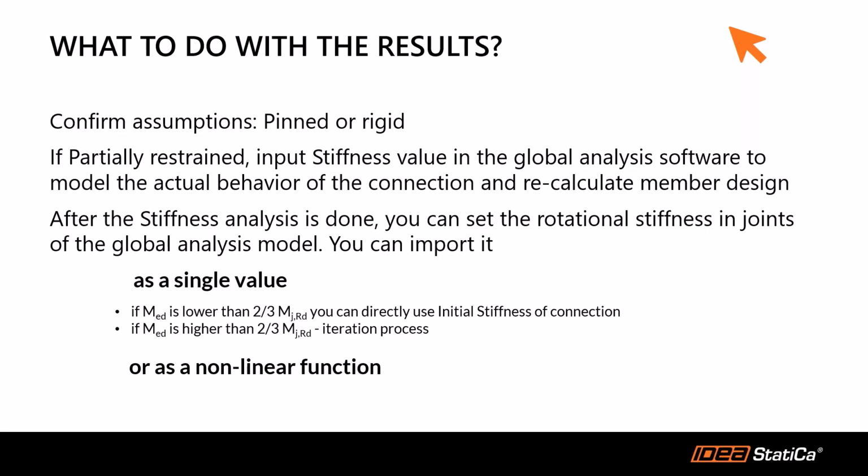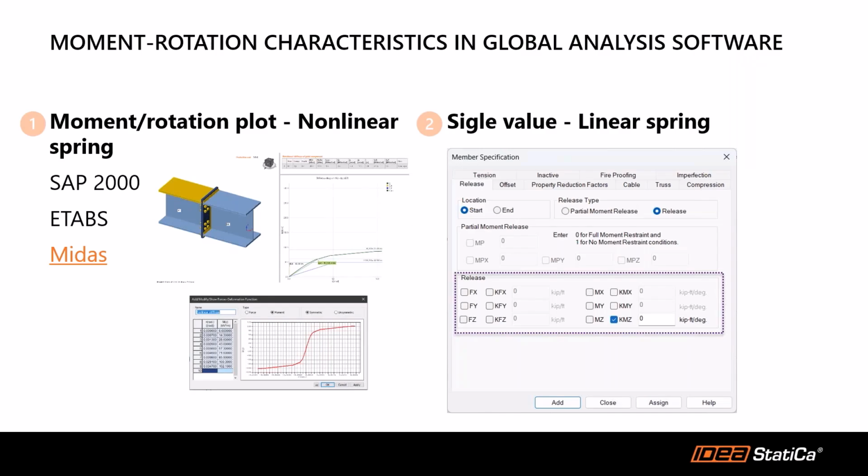After the stiffness analysis is done, you can set the rotational stiffness in joints of the global analysis model. You can input those values as a single value, and here we have some recommendations, or as a nonlinear function. So let's see what those two options are.